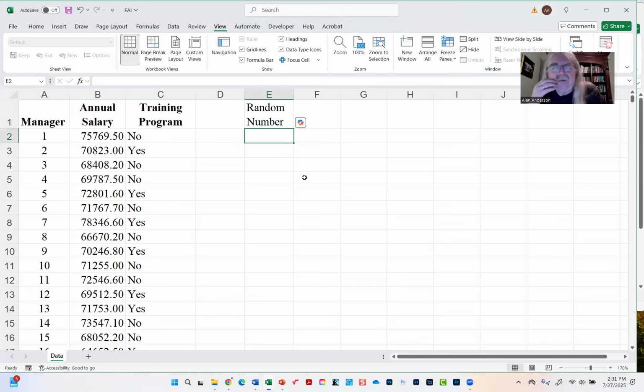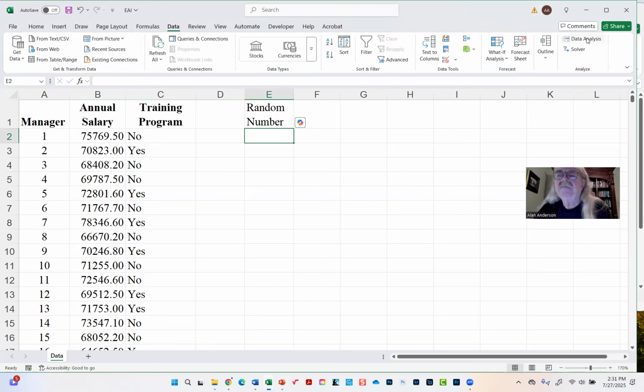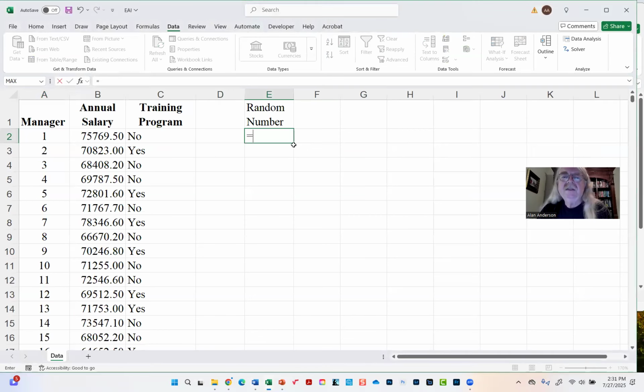We're going to need a number from 1 to 2,500 where they're all equally likely. So we're going to go to the data analysis tool pack. Actually, I'm sorry, we don't need that, do we? I think there's an Excel command, RANDBETWEEN.